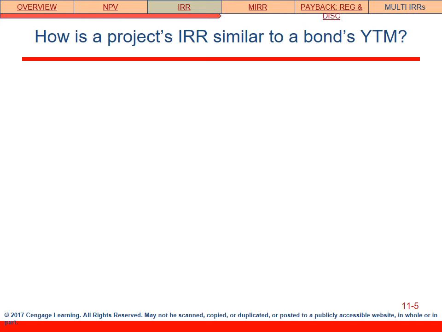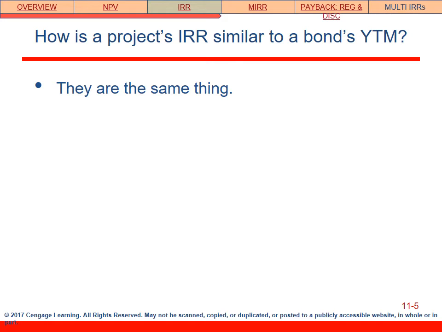Now, how is a project's internal rate of return similar to a bond's yield to maturity? Well, they are the same thing. They both have a cost, and they're both investments that are held until maturity. They provide benefits until maturity. The bond's cost is the current price.